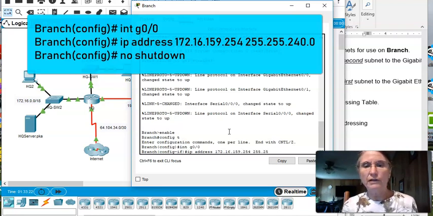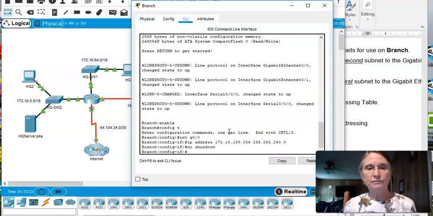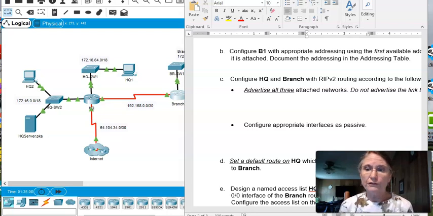We need the network mask. And of course, we have to issue no shutdown to bring up that interface. Do not forget to also configure the G01 interface of the branch router as well.